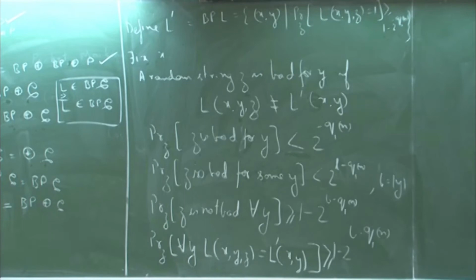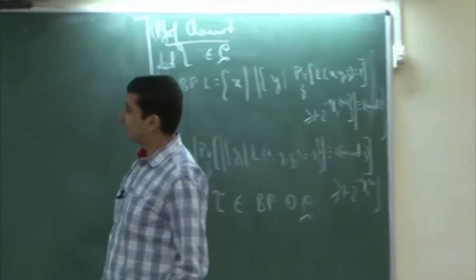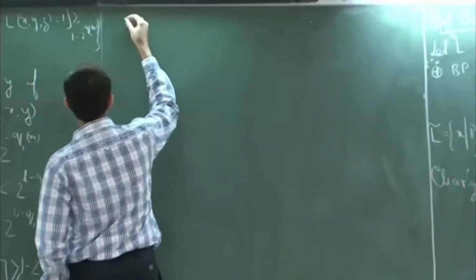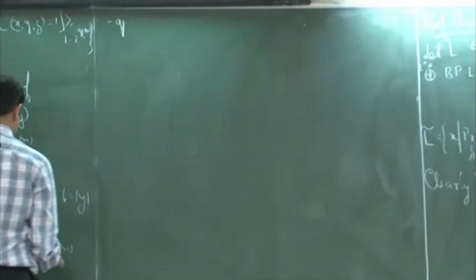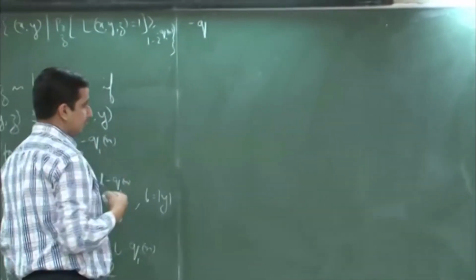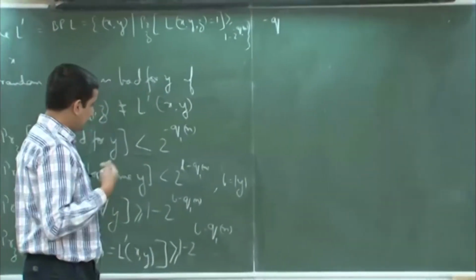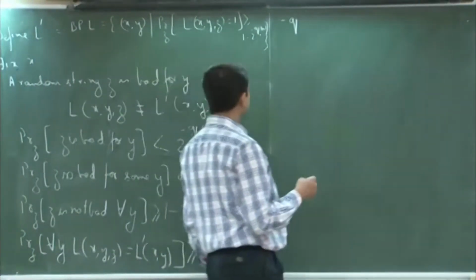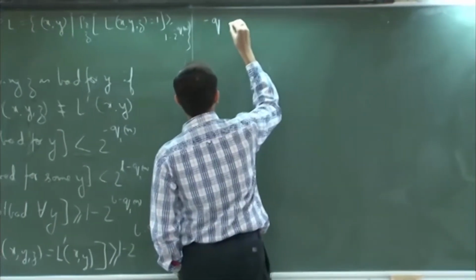Yeah, so I have the freedom of choosing what I want my q2 to be. So I'll set q2 to be... what I want is that this entire probability should be greater than 1 minus 2 to the power minus q2 of n.